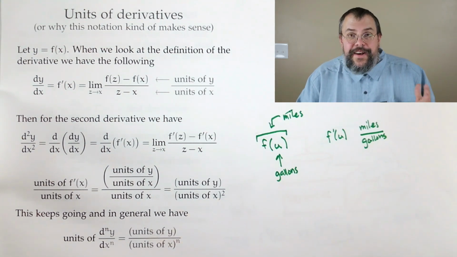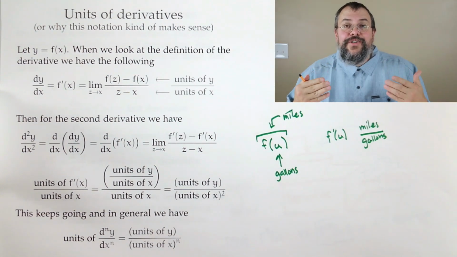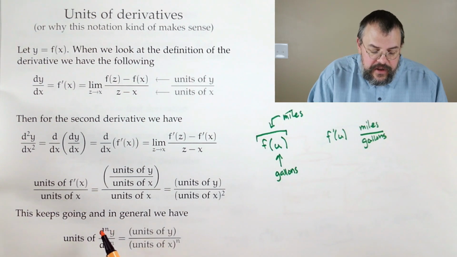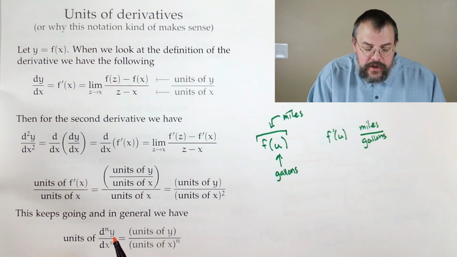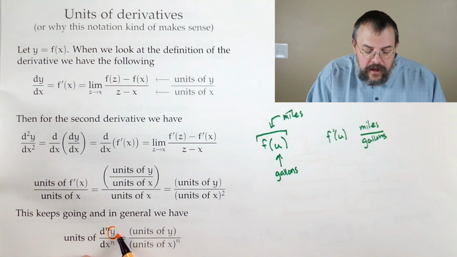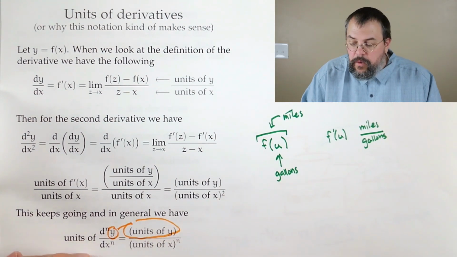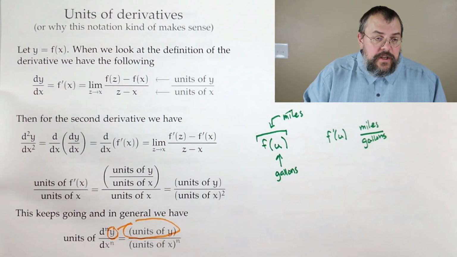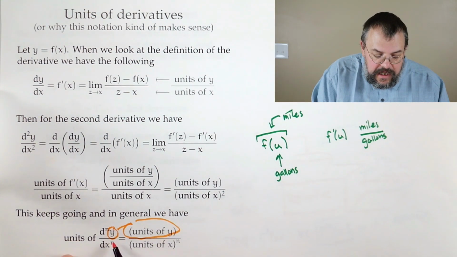Now here's why I love this notation. It's so suggestive. Suppose I see this expression. What are the units? Well, what are the units of y? Because I just see a single y. And then, what are the units of x to the n? Because see how it's x to the nth power?